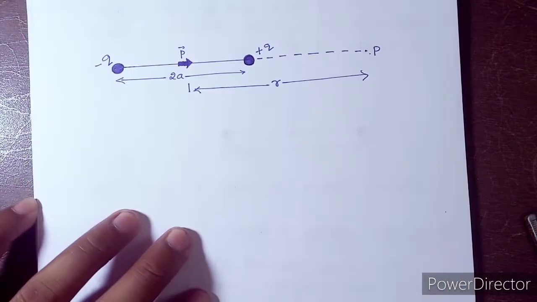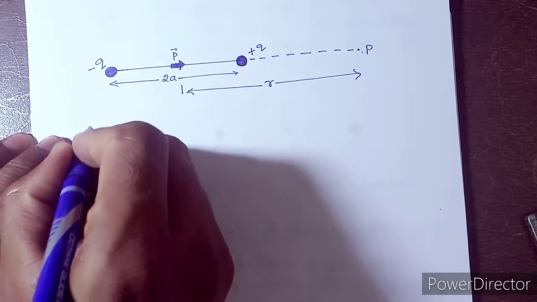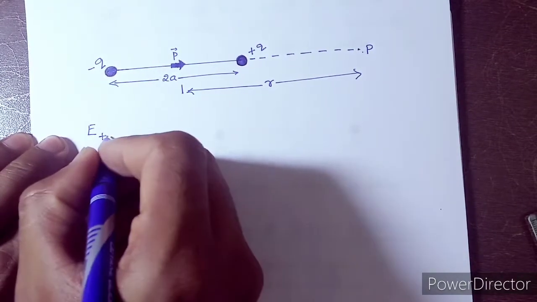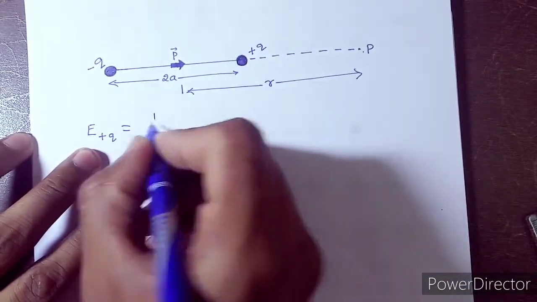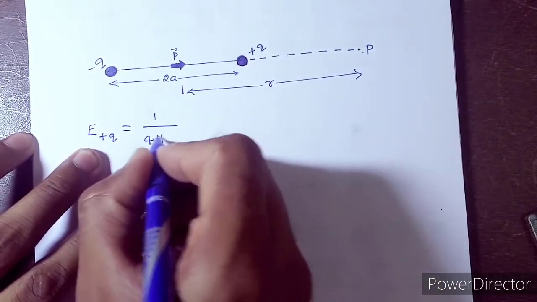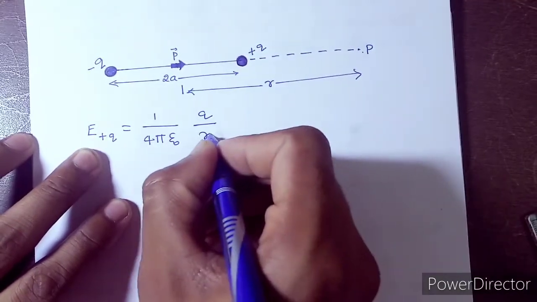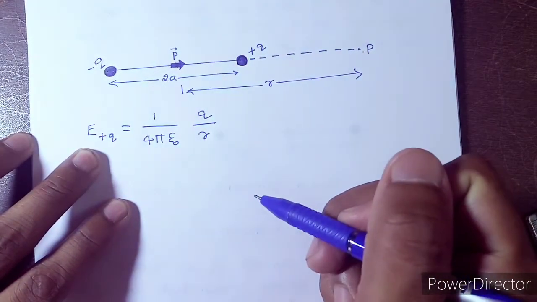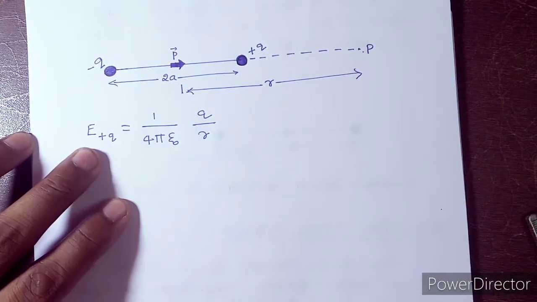Okay, first the electric field due to plus Q charge is given by E plus Q is equal to 1 over 4 pi epsilon naught Q divided by R square, that is the general formula that we have already learnt.